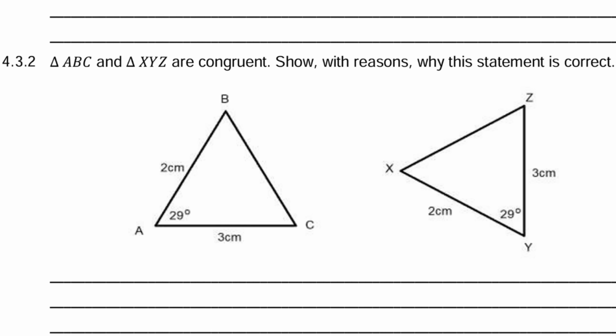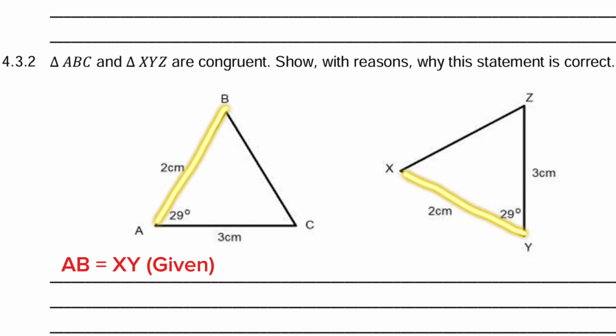AB is equal to XY. So we have a side that's equal. Then we also have another side that's equal. AC and YZ is also equal.